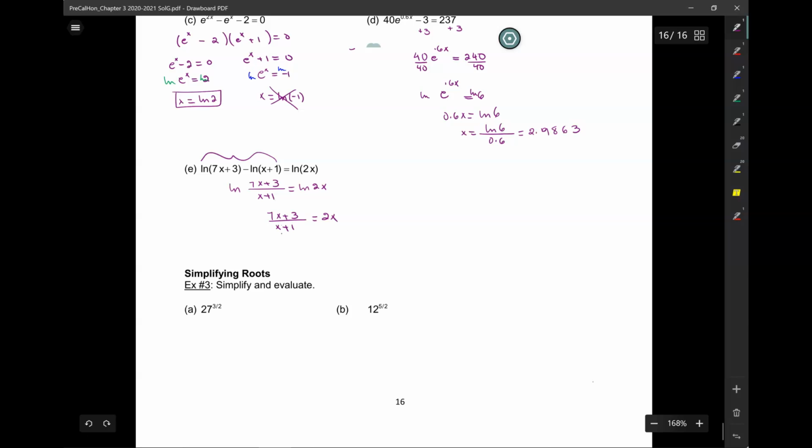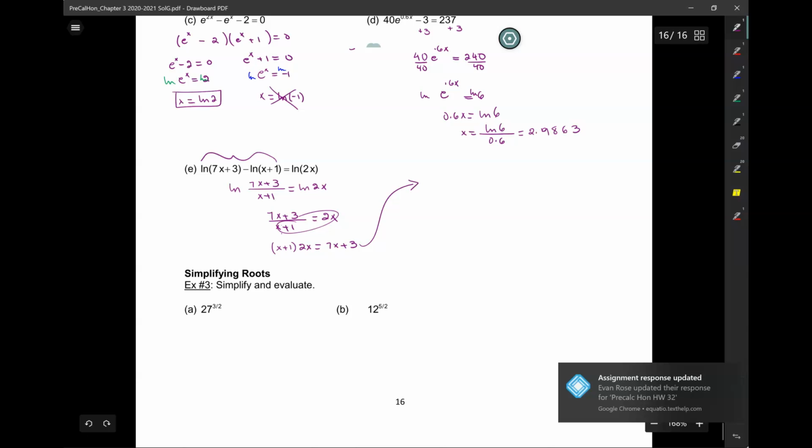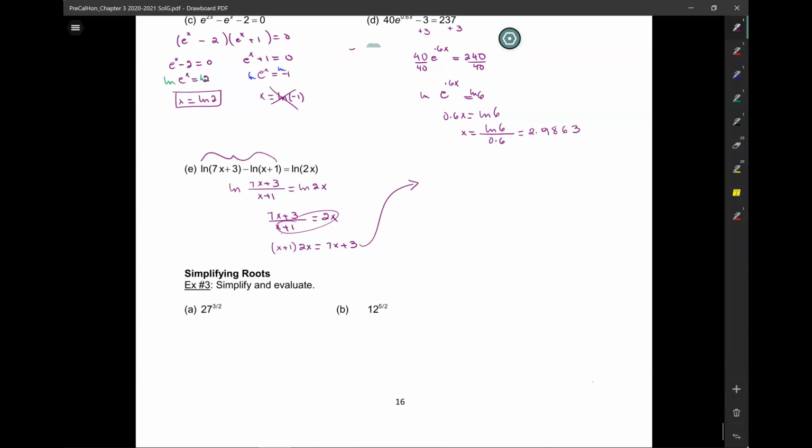Now we're going to cross multiply. (x plus 1) times 2x equal to 7x plus 3. When I distribute, I get 2x squared plus 2x equal to 7x plus 3. Move everything to the same side. 2x squared minus 5x minus 3 equal to 0.